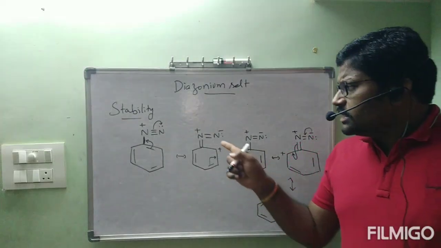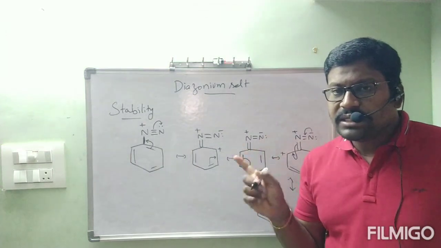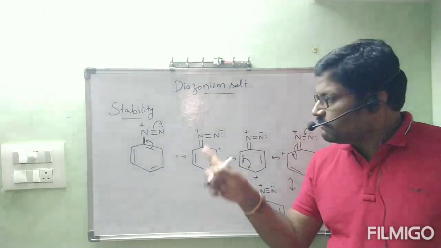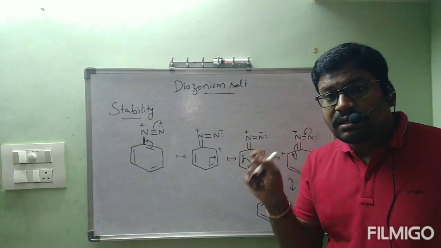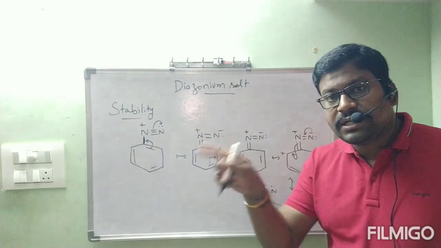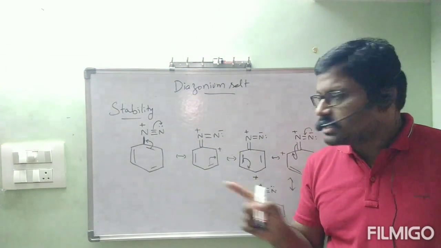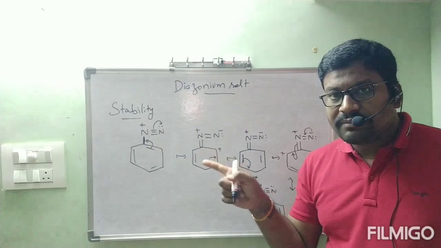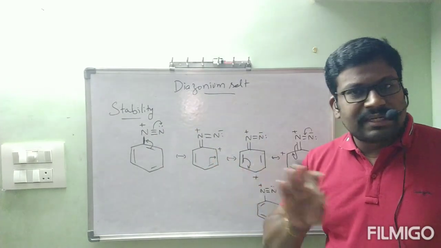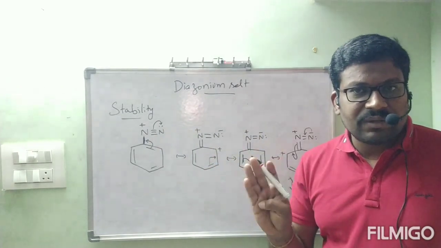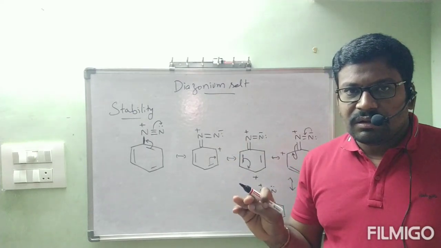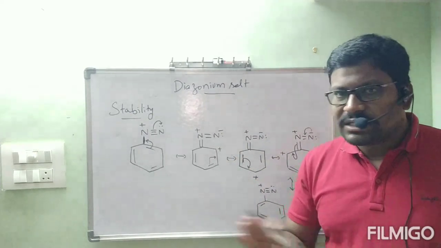Once again, this benzene diazonium salt contains 5 resonance structures. Because of these 5 resonance structures, it is stable at 0 degrees. Because a highly electronegative atom like nitrogen with positive charge generally won't be stable. Nitrogen, oxygen with positive charges are not stable.